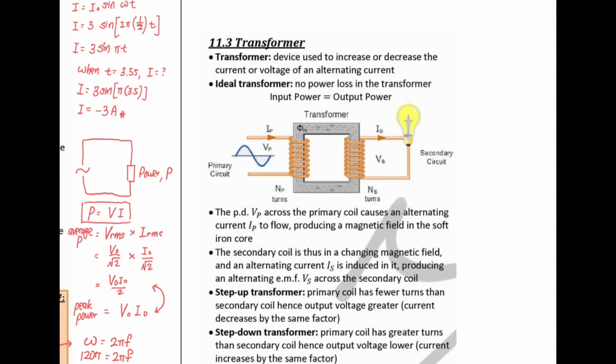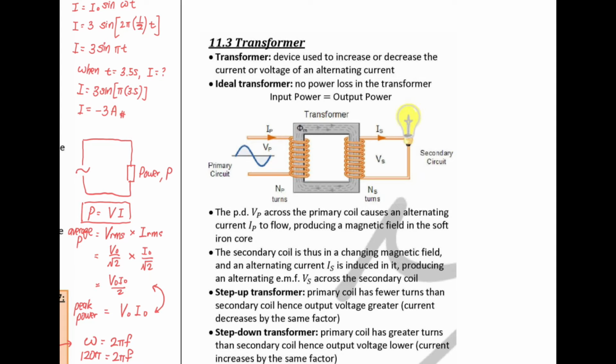This is the function of a transformer. It is to increase or decrease the voltage, and at the same time the alternating current will change accordingly also. If the voltage increases, the alternating current will decrease. If the voltage decreases, then the alternating current will increase.